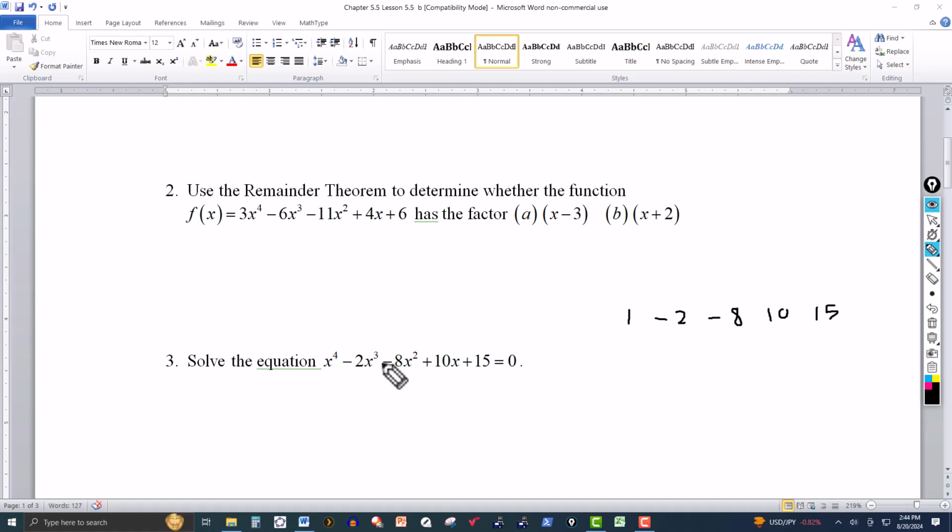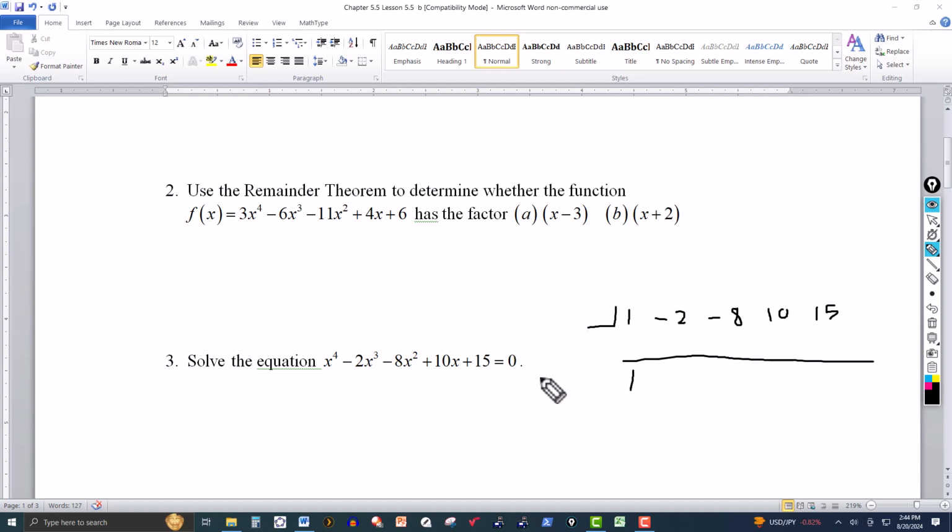If there's any missing terms, in other words, if I didn't have the x cubed, then this would be a 0 here. And then you just pick what are the possible rational zeros. Well, plus or minus 1, plus or minus 3, and so on. So you would try here and use synthetic division. If it doesn't work, then go to the next one.